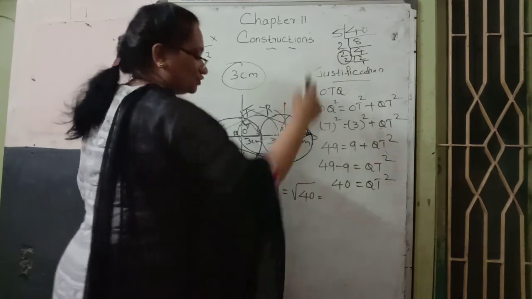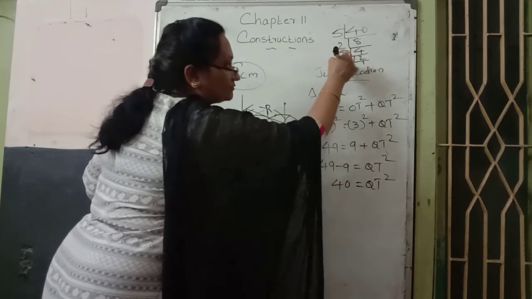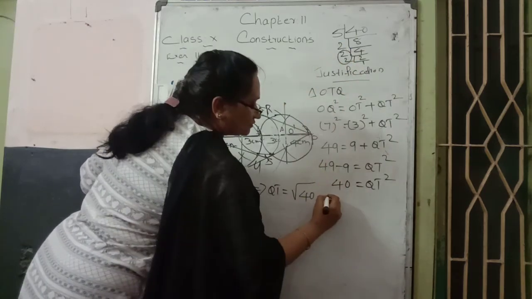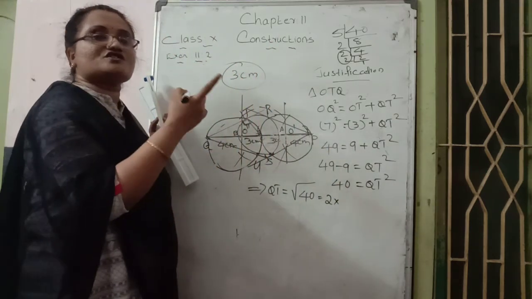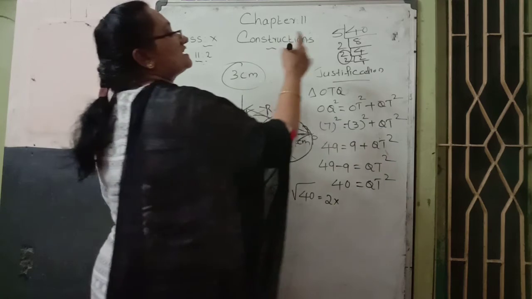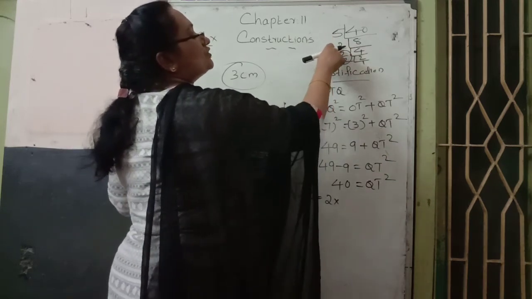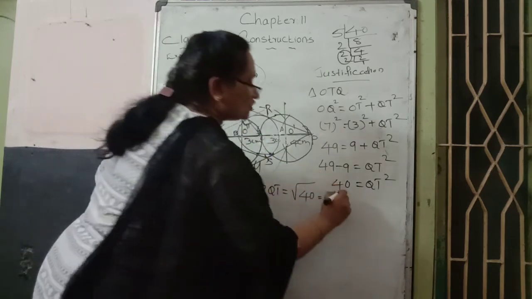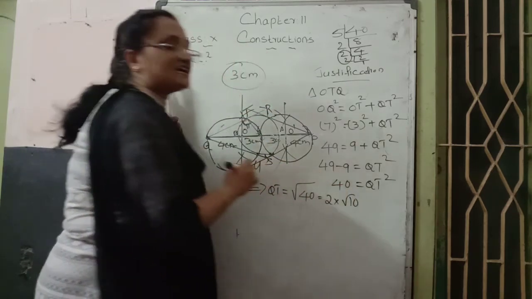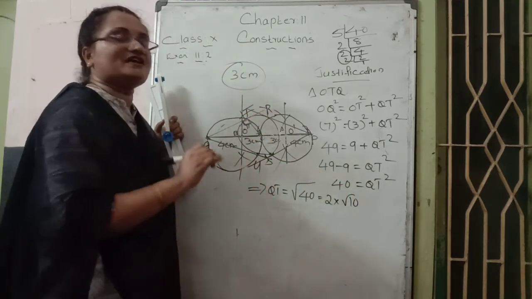From the pair, one 2 is taken outside. Last year you learned Heron's formula, pairing and taking outside. 5 and 2 have no pair, that's why they are kept inside the root and multiplied. 5 twos are 10, inside the root because they have no pair.